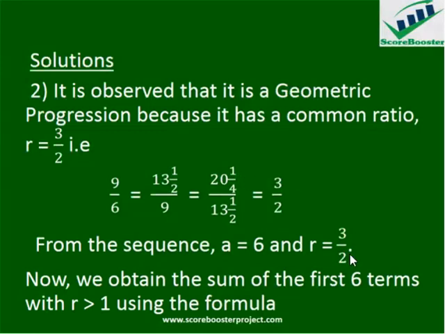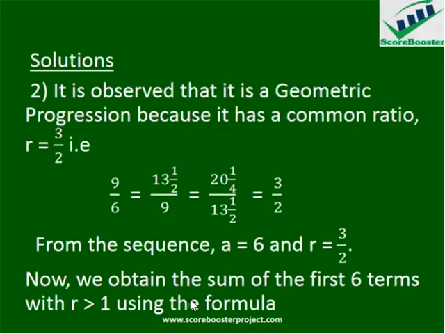And also from the question, the first term is 6, which is usually represented by A. So now we have the parameters to obtain the sum of the first 6 terms, which are A and R.